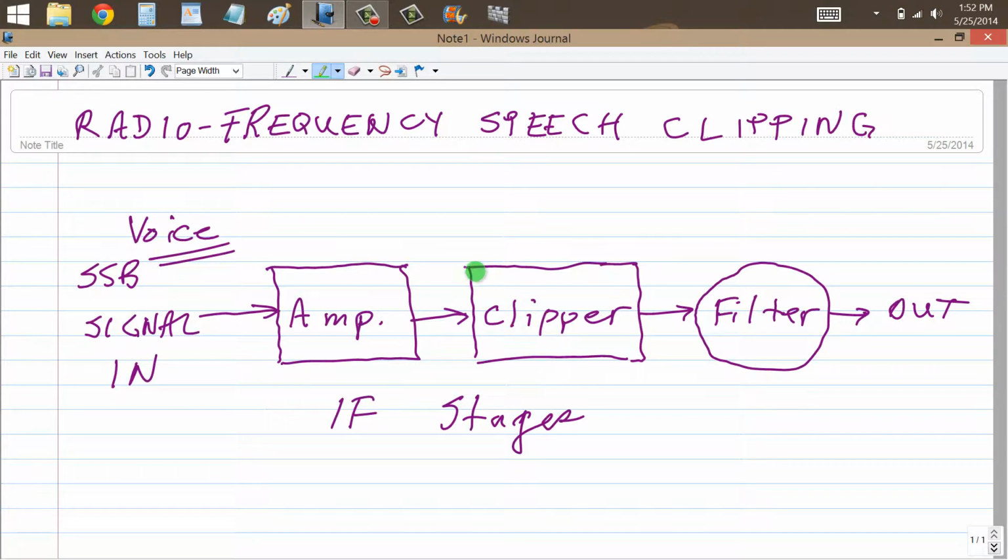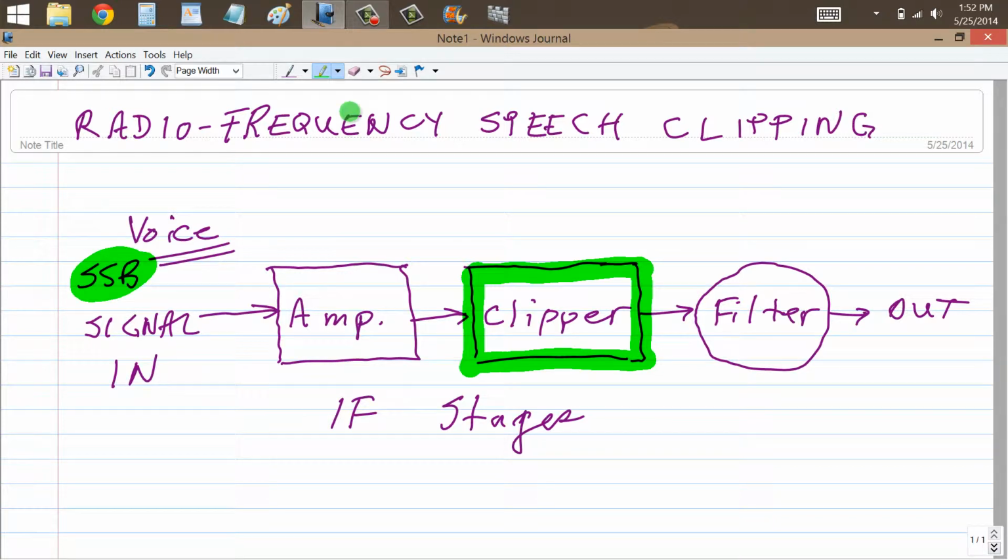Then the critical part of this system is the clipper. Now what that actually does is it clips the peaks of the signal on your transmitted single sideband. It literally chops them off.